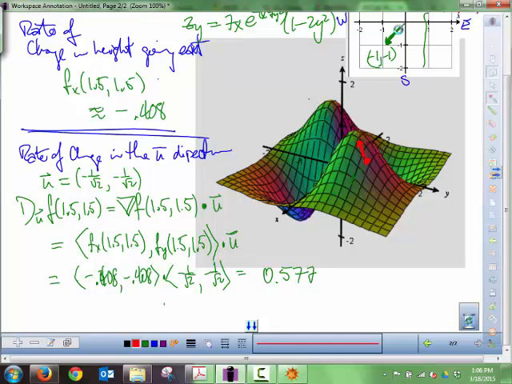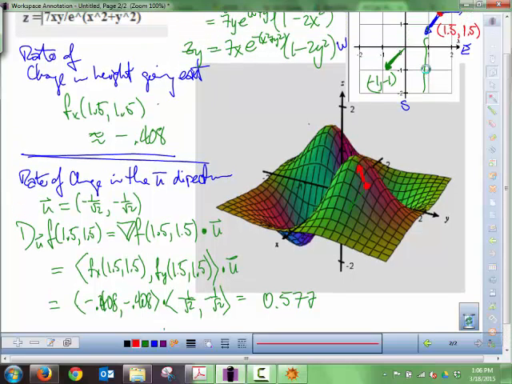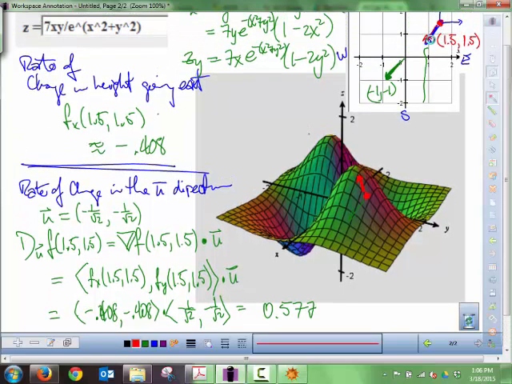And if I move in this direction, my height would be changing, going up. So that would be a hike of a 57% grade. Pretty steep.